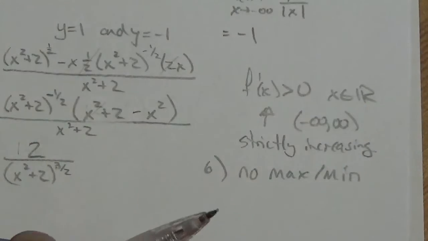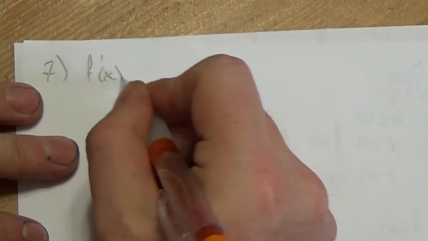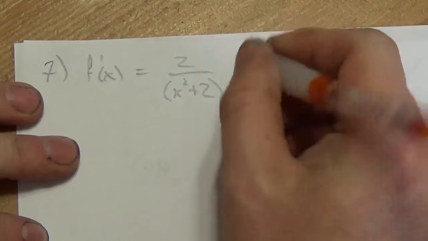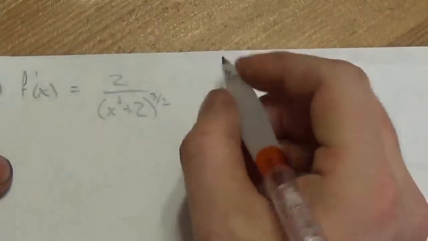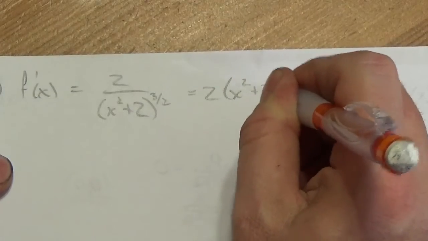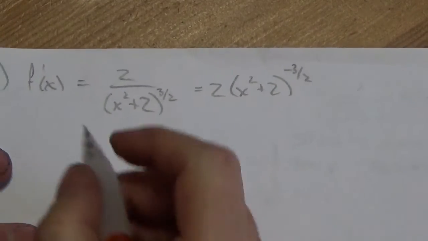So let's just remember that function, 2 over (x squared plus 2) to the 3/2. Okay, so this is 7 now. My first derivative was 2 over (x squared plus 2) to the 3 halves. And actually, I might write this as 2 multiplied by (x squared plus 2) to the negative 3 halves, just because this is going to make the derivative a little easier.